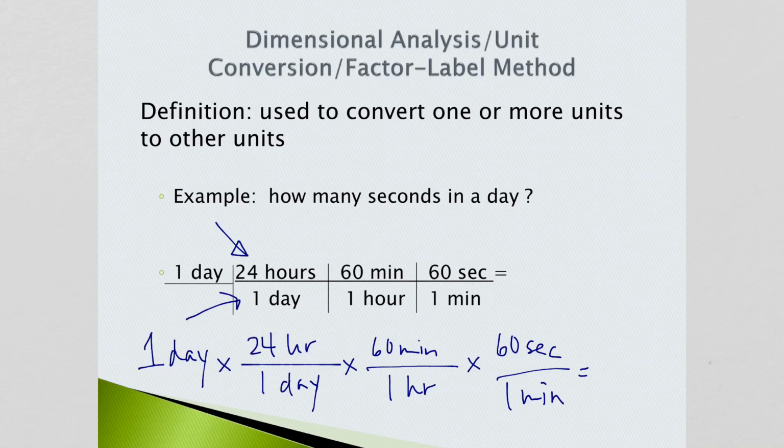Now, in this particular problem, all the denominator values are 1, and we all know anything divided by 1 is the same, but just for explanation's sake, I'm going to include the ones as I talk you through how you would enter this. So in your calculator, you would enter 1 times 24 divided by 1 times 60 divided by 1 times 60 divided by 1, and then enter.